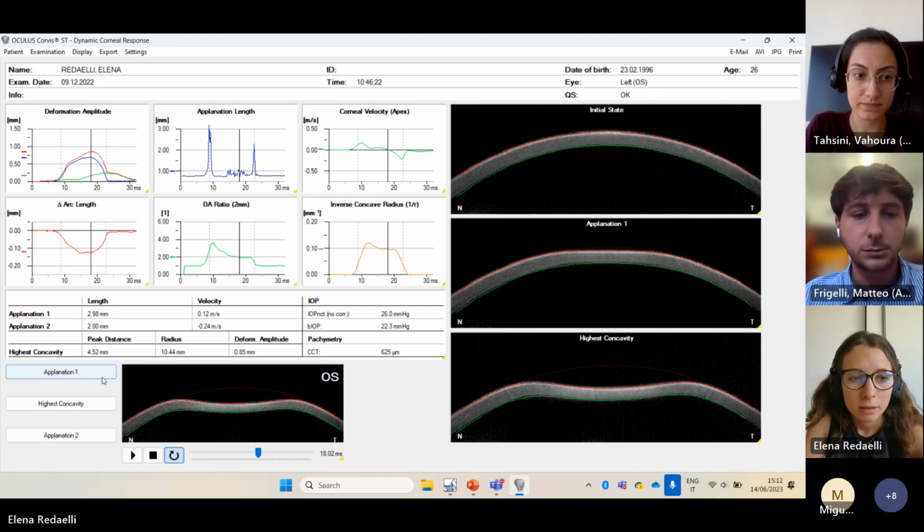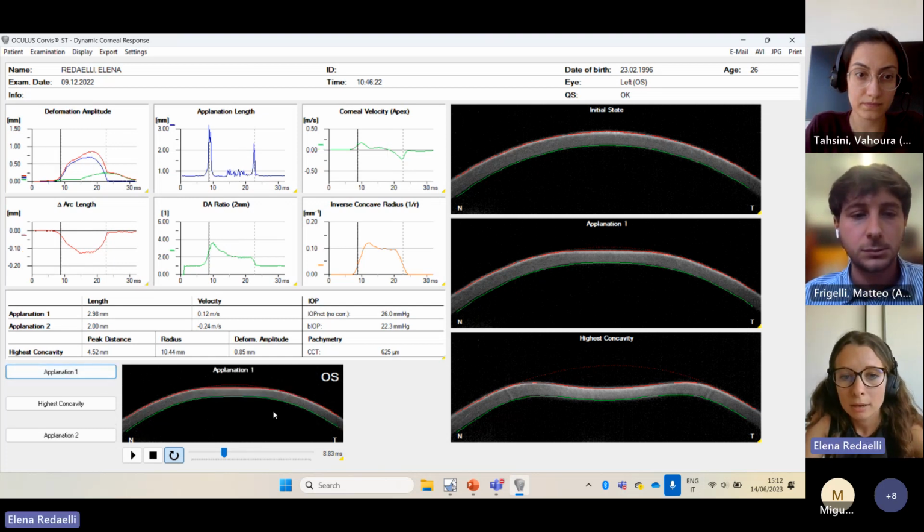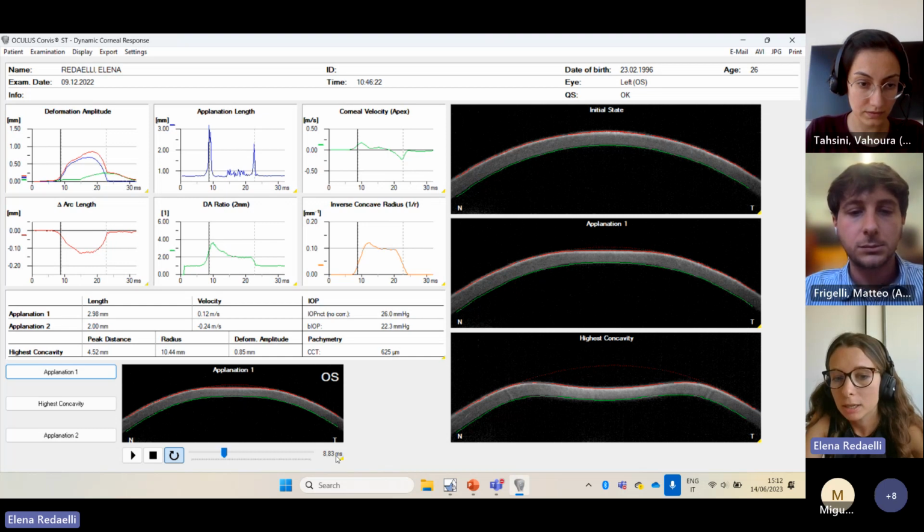And this is why I have a first applanation phase at 8.83 milliseconds, that is higher with respect to the average of the patients.